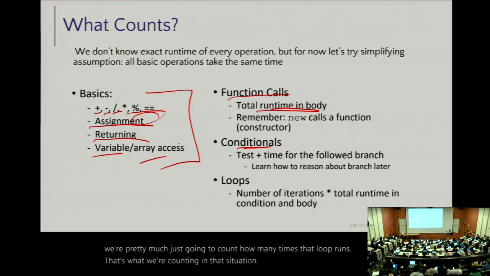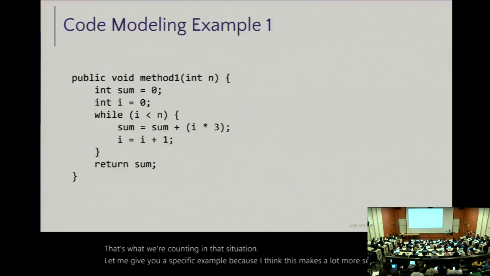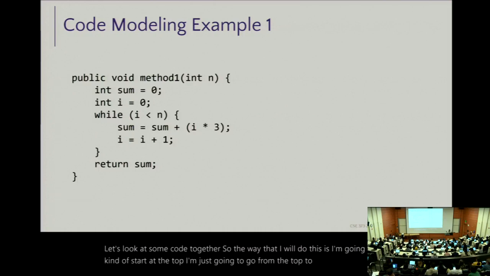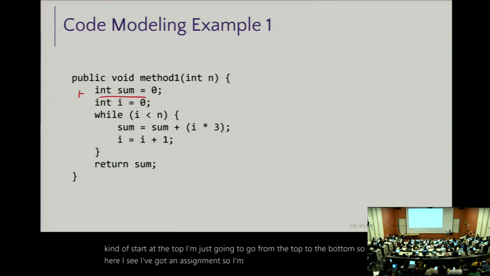Let me give you a specific example because I think this makes a lot more sense. Let's look at some code together. The way that I will do this is I'm going to start at the top and go from the top to the bottom. Right here, I see I've got an assignment. So I'm like, okay, there's maybe a +1. I'm creating some space and putting something in it. Maybe here's another one.